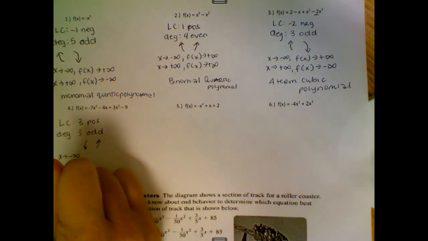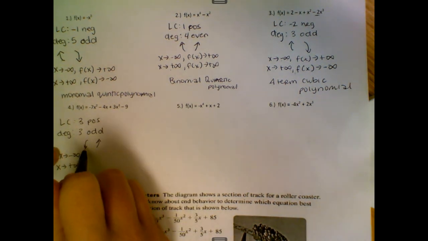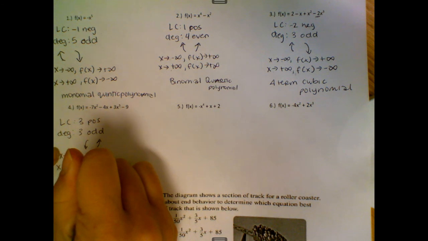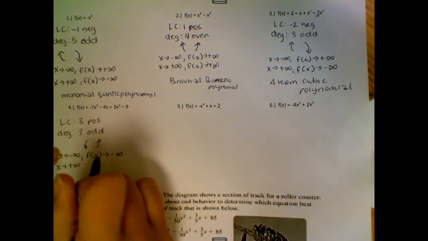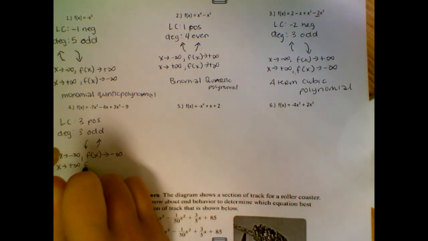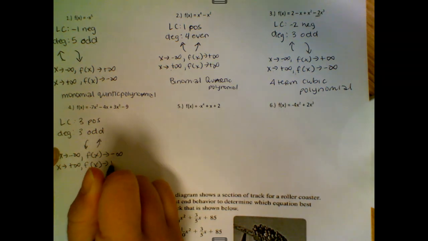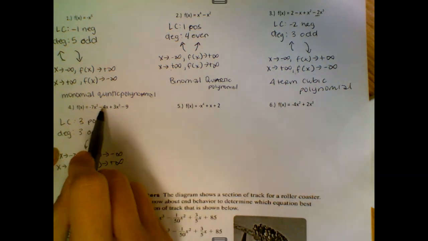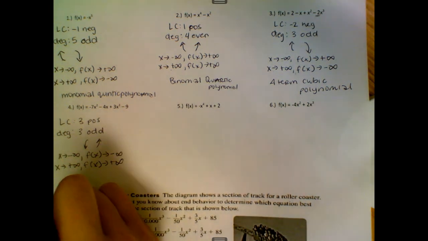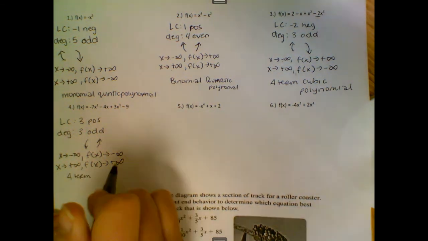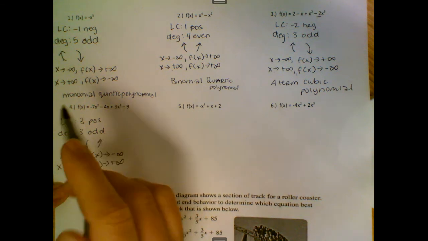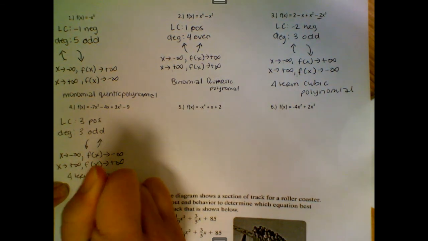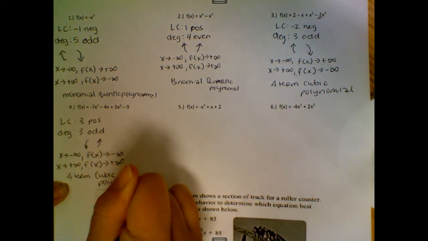My left arrow is going down. My right arrow is going up. It has 1, 2, 3, 4 terms, so that's going to be a 4-term. Highest degree is 3, cubic polynomial.